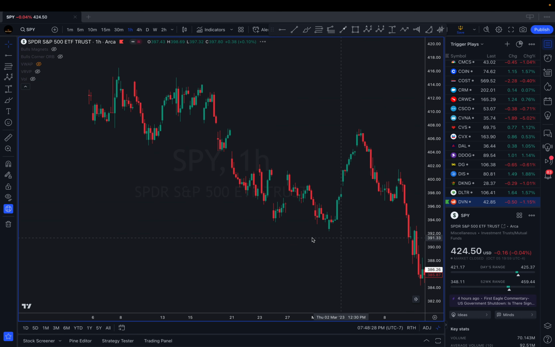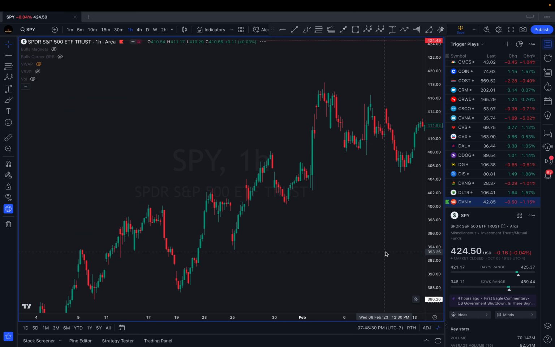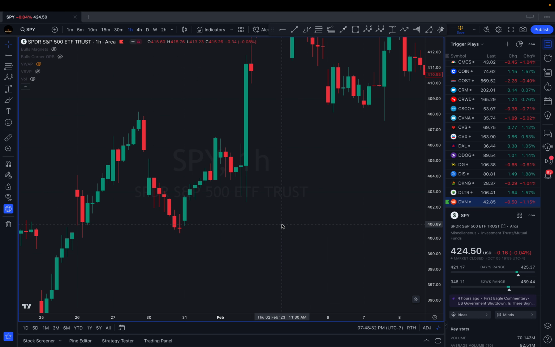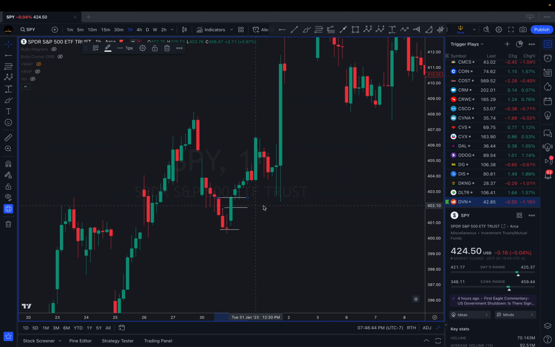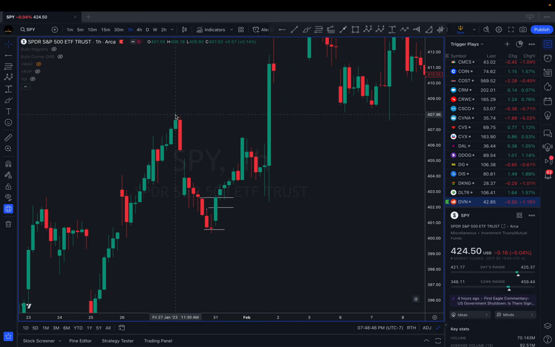We got the shooting star. Right here is a good one. Found a bearish engulfing, doji, and then broke above this prior high. Found a bullish engulfing, breaking it, retested, and went higher. So a good setup. And then right here we have this evening star too.